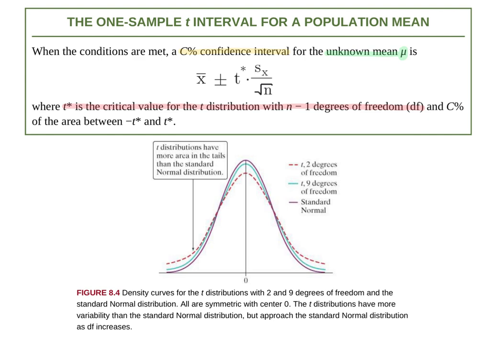But if we increase our sample size to, say, 10, we would do 10 minus 1, so that gives us 9 degrees of freedom. That gives us this teal dotted line. And you might say, hey, that looks more like the standard normal distribution than 2 degrees of freedom, and you'd be correct. Our area seems to be lower down here and higher up here.